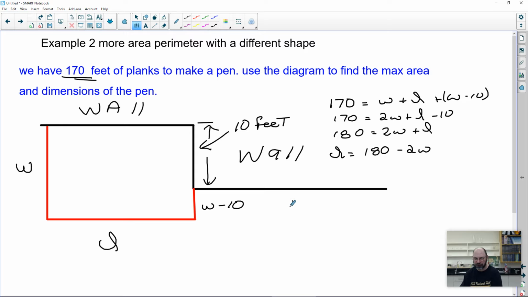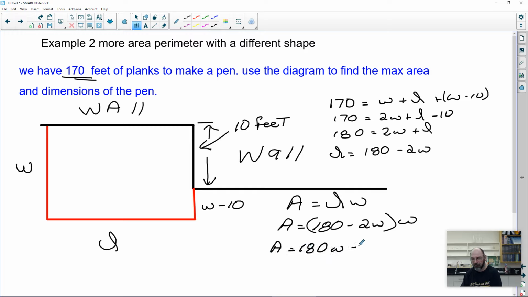Our area equation is L times W, and we're going to plug this in for L. So our area is equal to 180 minus 2W times W. There's our L and there's our W. So area is equal to 180W minus 2W squared.